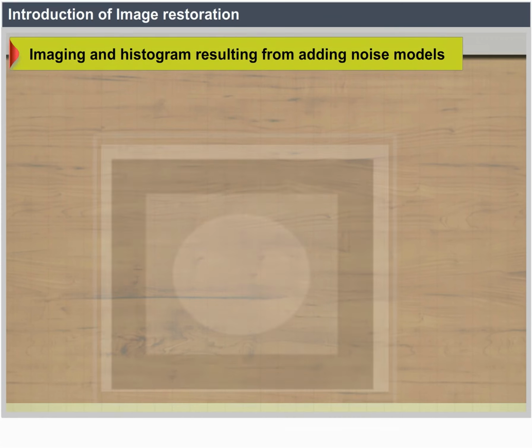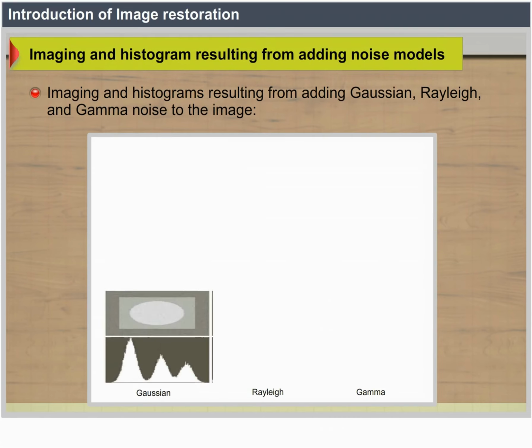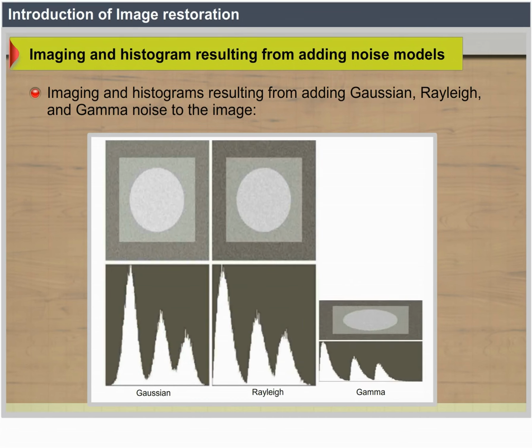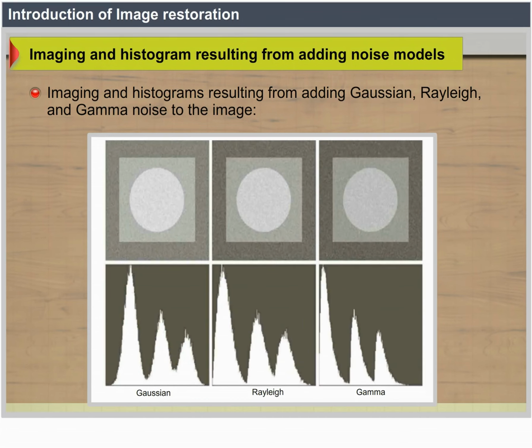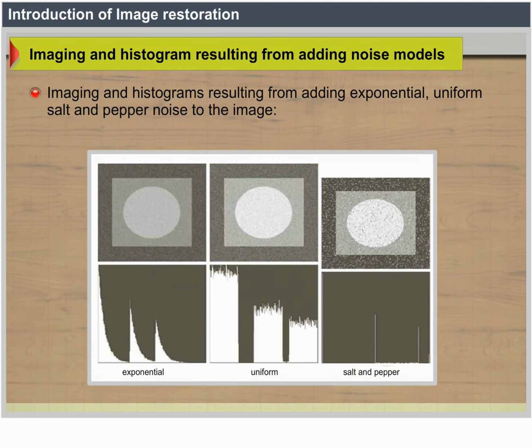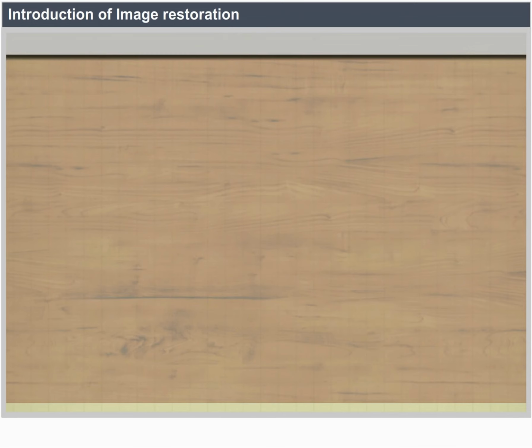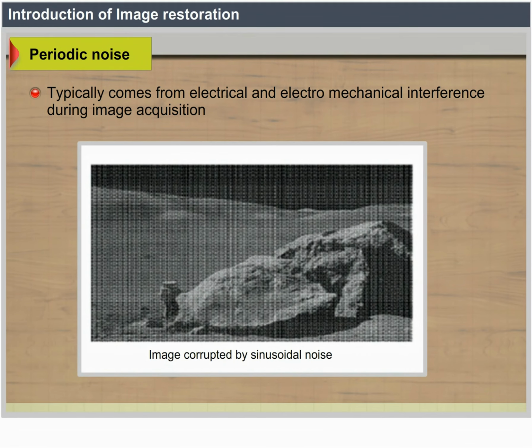Images and histograms resulting from adding noise models. Images and histograms resulting from adding Gaussian, Rayleigh and gamma noise to the image. Images and histograms resulting from adding exponential, uniform and salt and pepper noise to the image. Periodic noise typically comes from electrical and electromechanical interference during image acquisition.